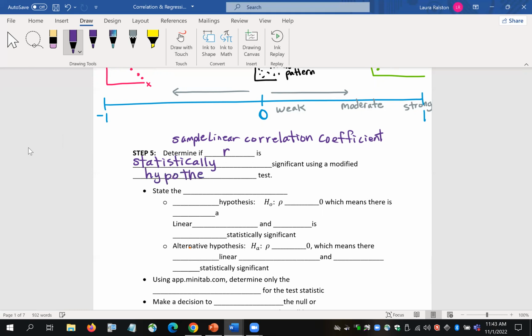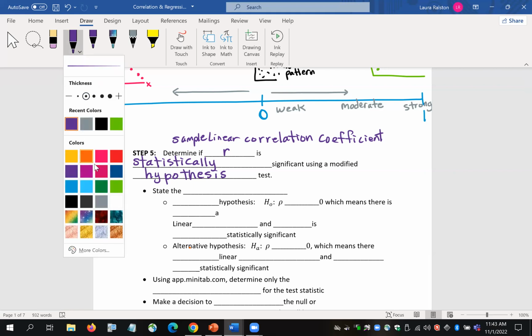So we're not totally getting away from hypothesis testing. We use hypothesis testing within the context of correlation to determine if our correlation coefficient is statistically significant. Again, is it different enough from 0 or close enough to 1 or -1 to say, yeah, there's definitely a relationship?